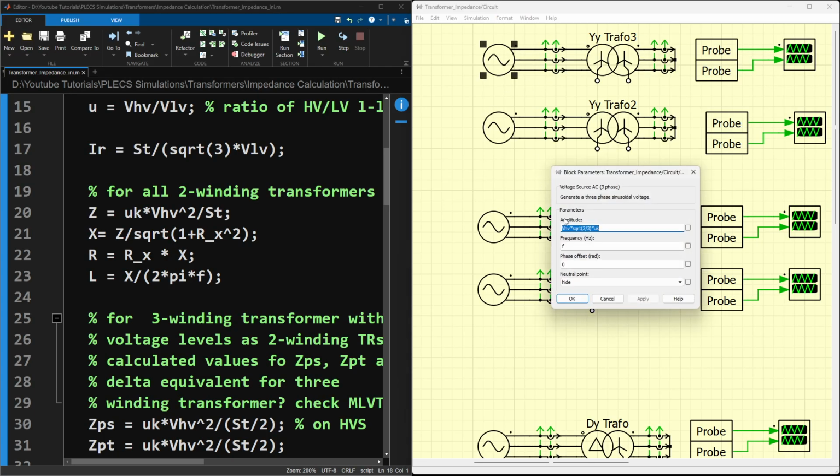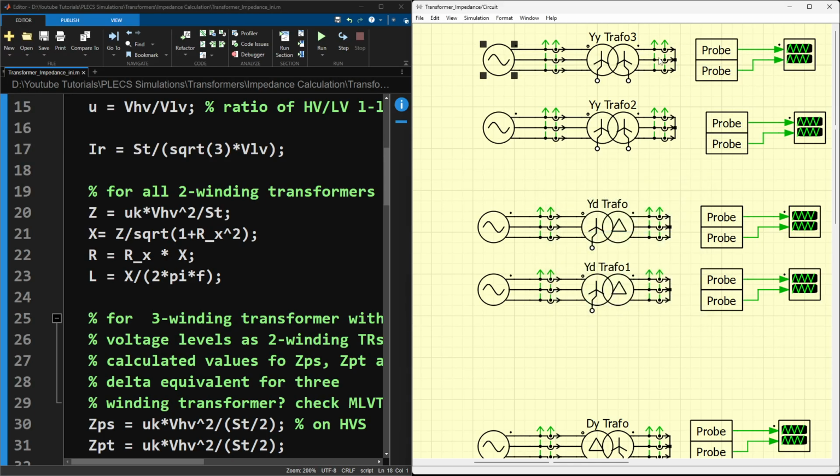So as a source, as a definition, if we consider only this part, that means a VHV, which is 20 kilovolts, and since this is the amplitude and single phase, we need to add a factor of square root of 2 by 3, and since UK is the short circuit impedance value, instead of putting the nominal value of the voltage, we put the percentage of the short circuit impedance as the voltage source on the primary side, high voltage side in this case, and after short circuiting we measure the current on the secondary side. So if the impedances are correct, we should get the rated values of the current.